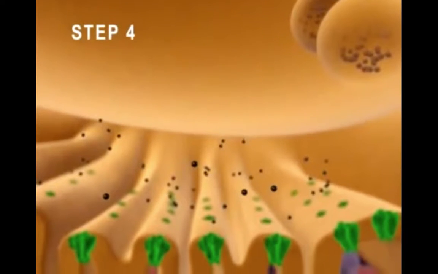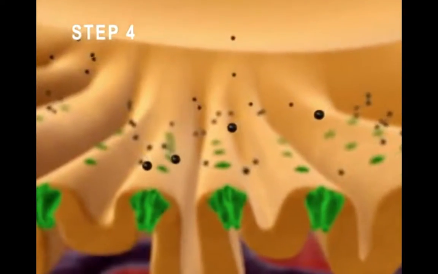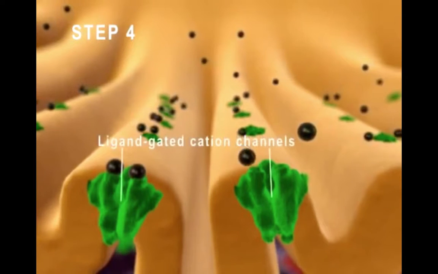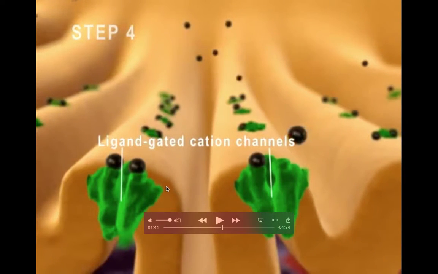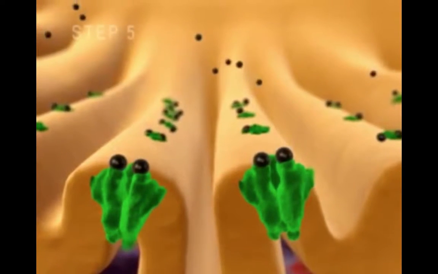Step 4. Acetylcholine diffuses across the synaptic cleft and binds to acetylcholine receptors, which contain ligand-gated cation channels. Quick note, we are now on the membrane of the sarcolemma around the muscle. We have left the neuron and we're at the muscle right now. Step 5.